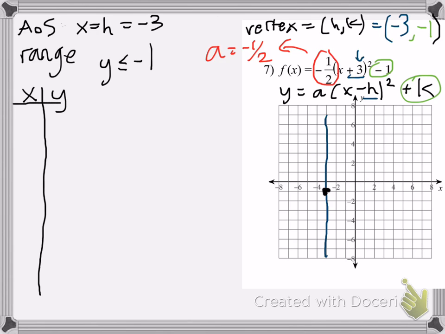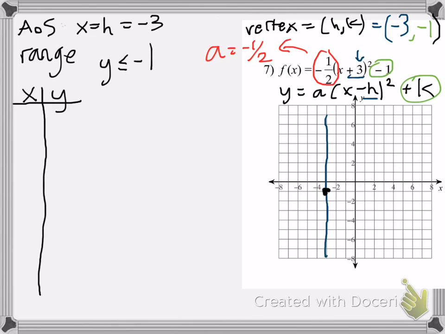So the thing that makes this one a little tricky is that a is a fraction, which just makes the calculations a little bit more complicated, but it's not changing the actual process of what I'm doing. So let's just plug in a couple of x values on one side of the axis of symmetry and then use the symmetry to figure out what the other side of the parabola is going to look like.